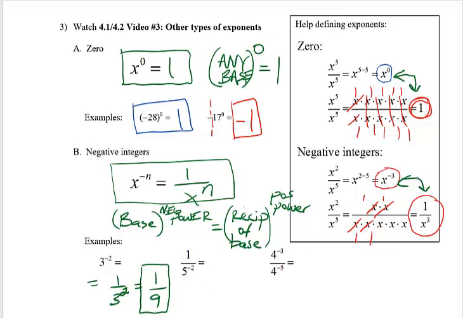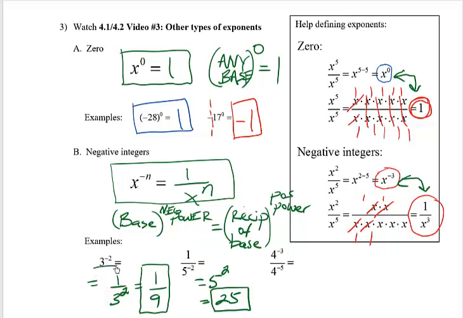Well, if my base is 1/5 and my exponent is negative 2, and I'm trying to rid myself of the negative exponent, what do I do? I reciprocate the base. The reciprocal of 1/5 is 5 over 1. I don't really even need the 1. And that allows the exponent to change from negative to positive, and I end up with the surprisingly simple answer of just 25.